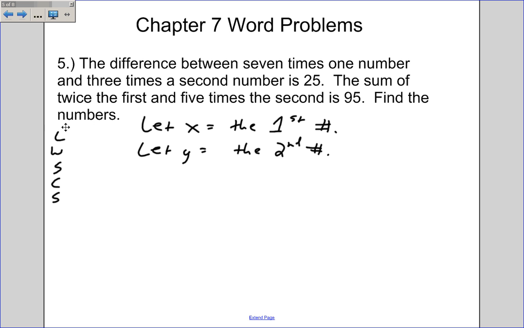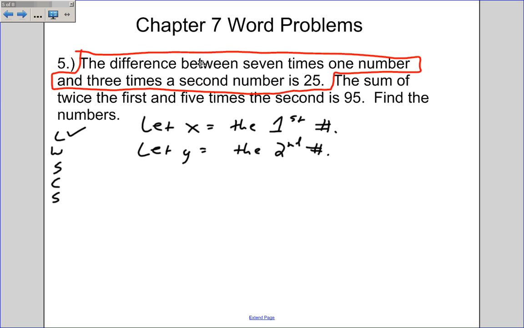Okay, so we've defined our variables, and we're going to write an equation now. The first equation is going to come from the first sentence. And this is going to be almost a direct translation. The second equation is going to come from the second sentence.